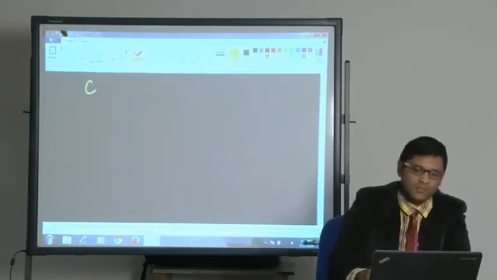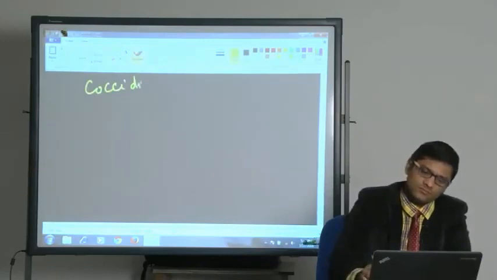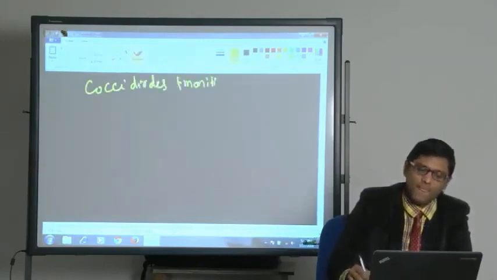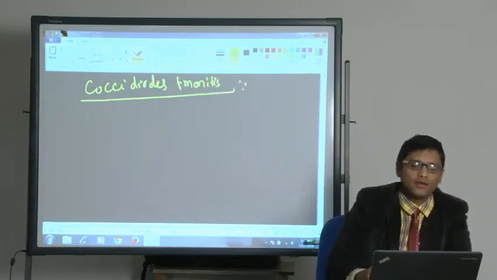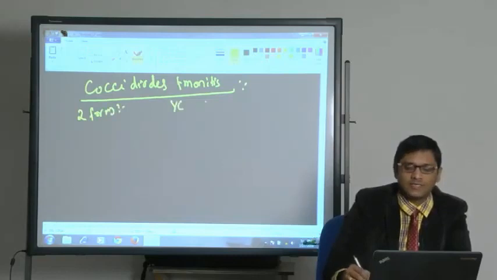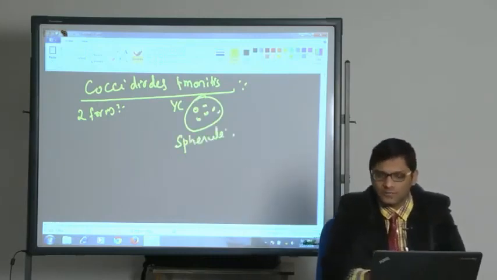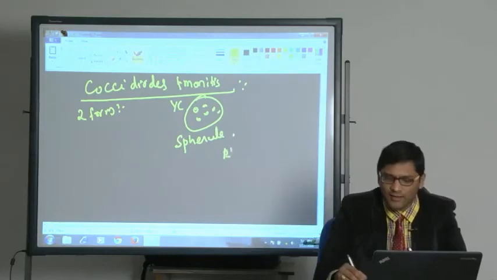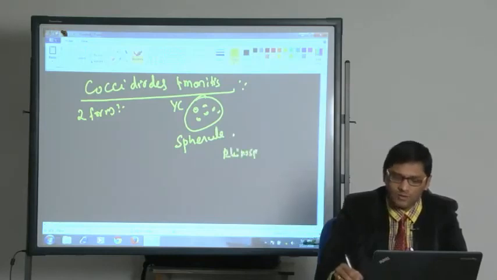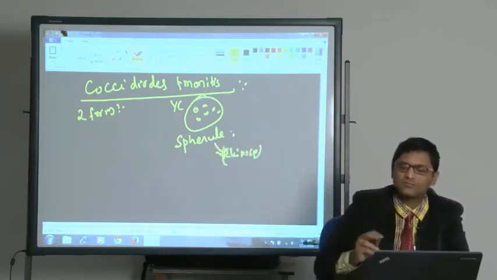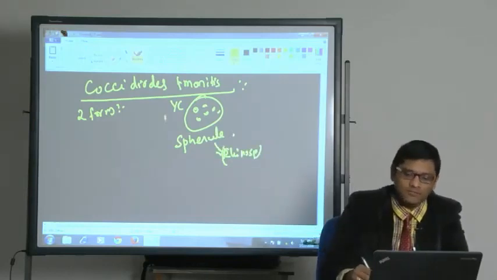Coccidioides immitis. Here 2 forms are seen. The yeast form is described as spherule, filled with numerous endospores. Spherules, as we have discussed earlier, even rhinosporidiosis also will have. This is one form.